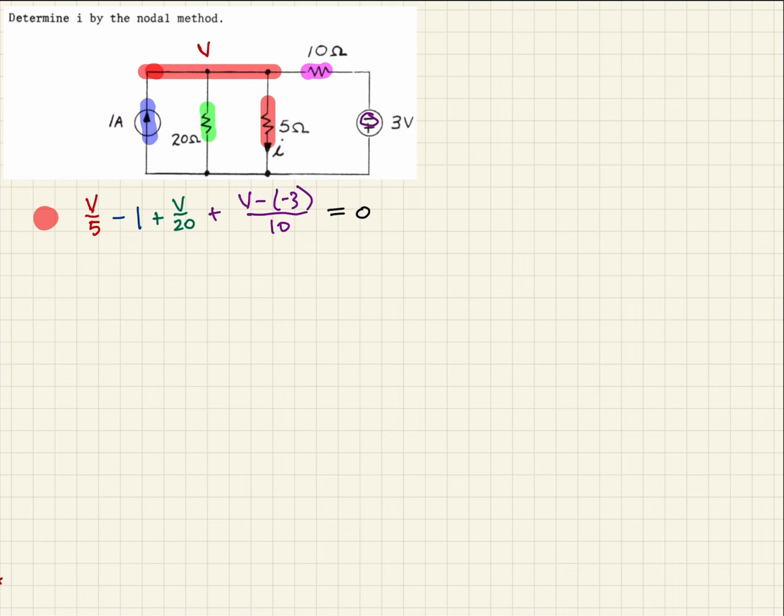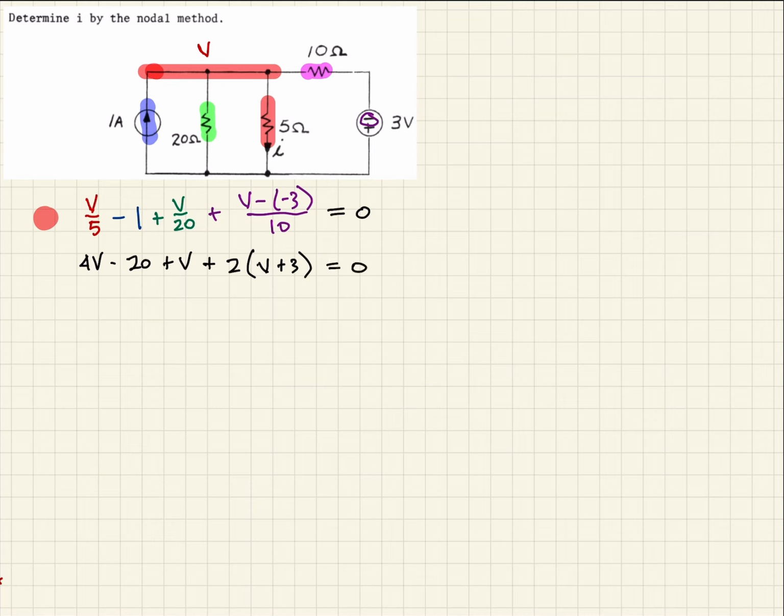So now we can simplify this. Let's multiply everything through by 20. That's the common denominator there. So when we do, we'll have 4V minus 20 plus V plus 2 times V plus 3 equals 0.